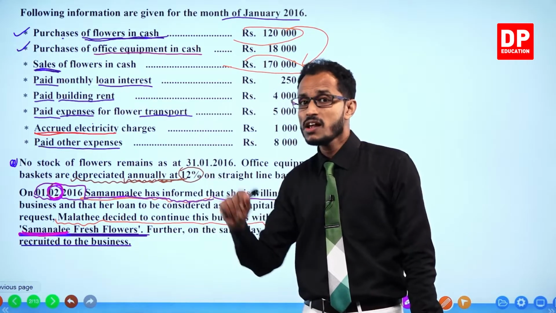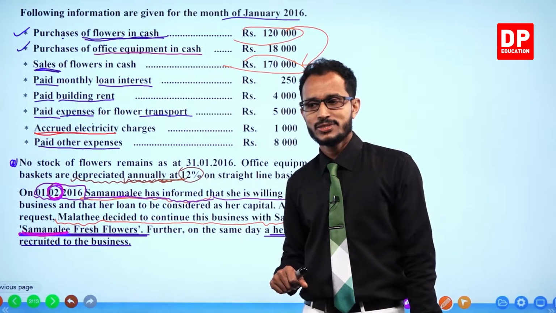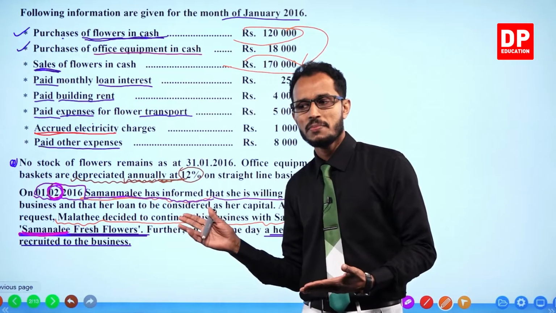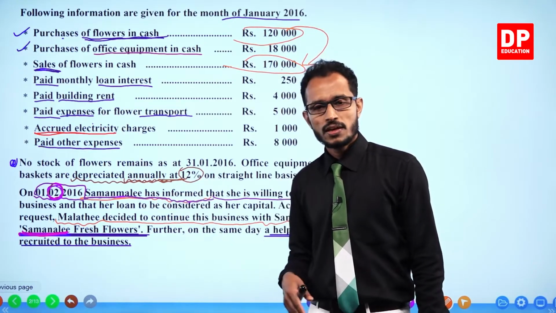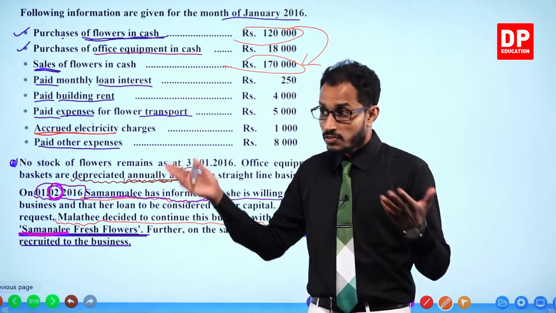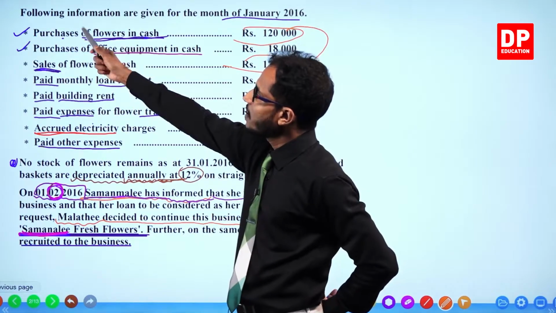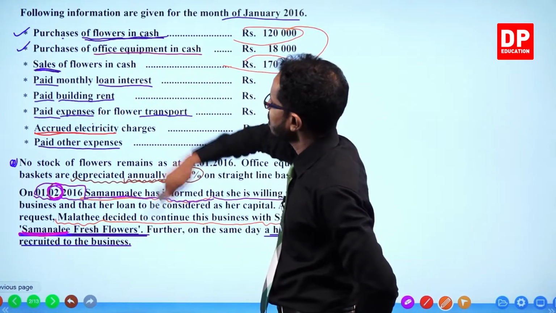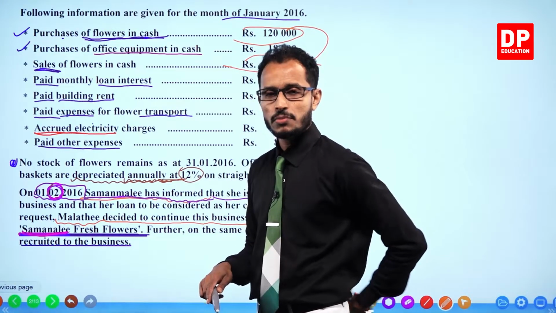You must first look at the transaction to decide which prime entry book these transactions should be put to. First, transactions must be observed. Transactions here: purchasing of flowers in cash. Purchasing for cash. Which prime entry book?